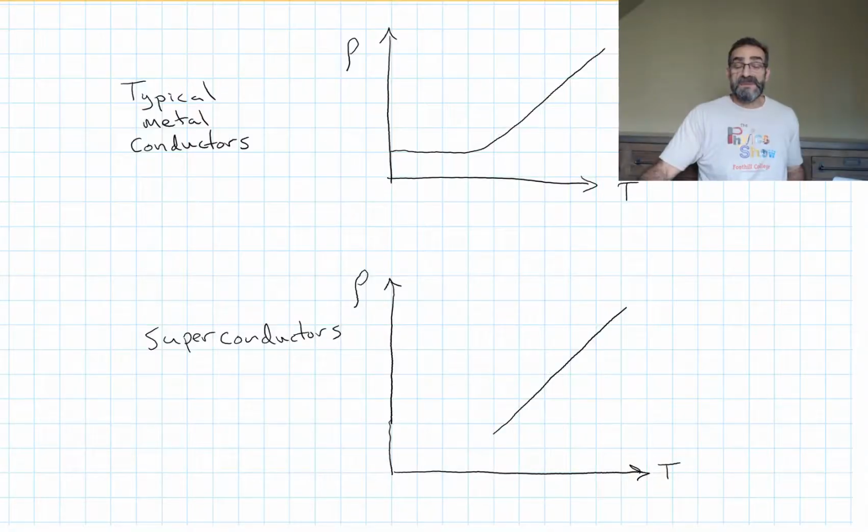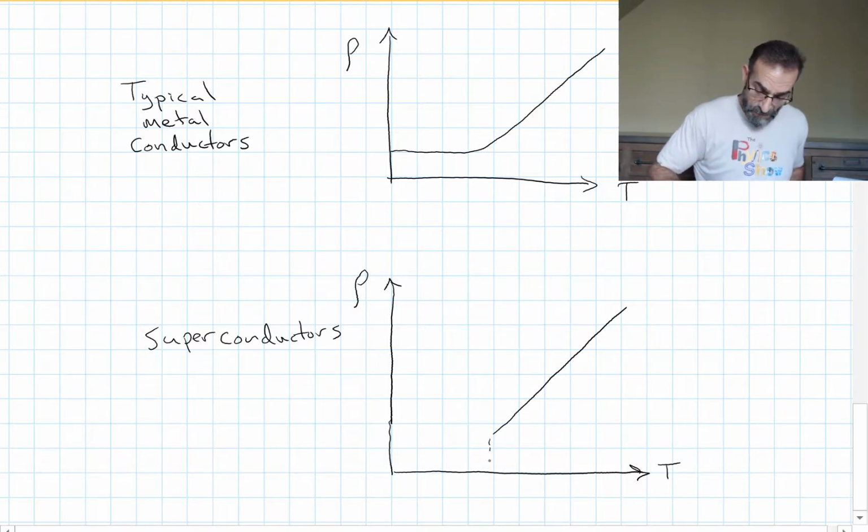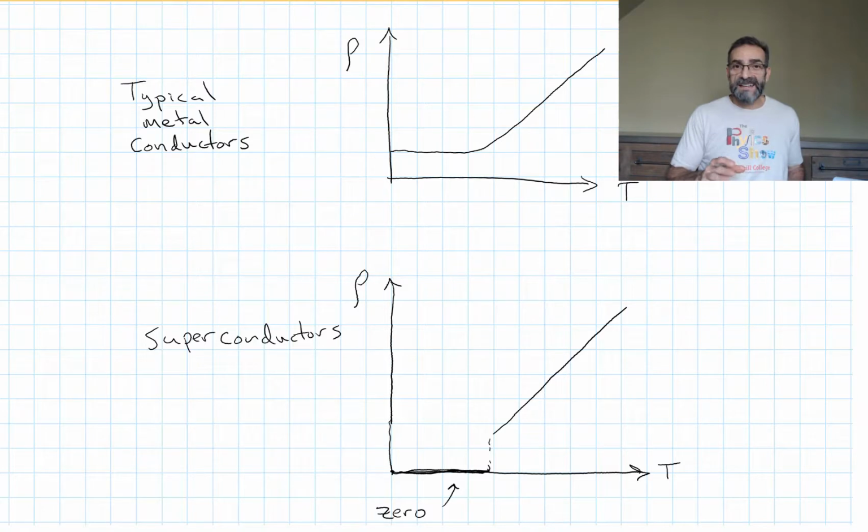And there are some special materials that as we bring the temperature down, the resistivity comes down and down and down until it actually goes to zero. Not low, not close to zero, it actually goes to zero resistance.